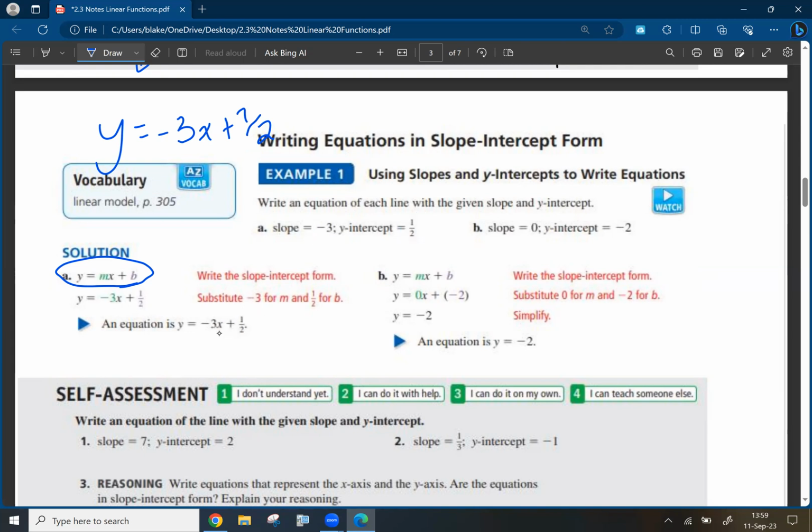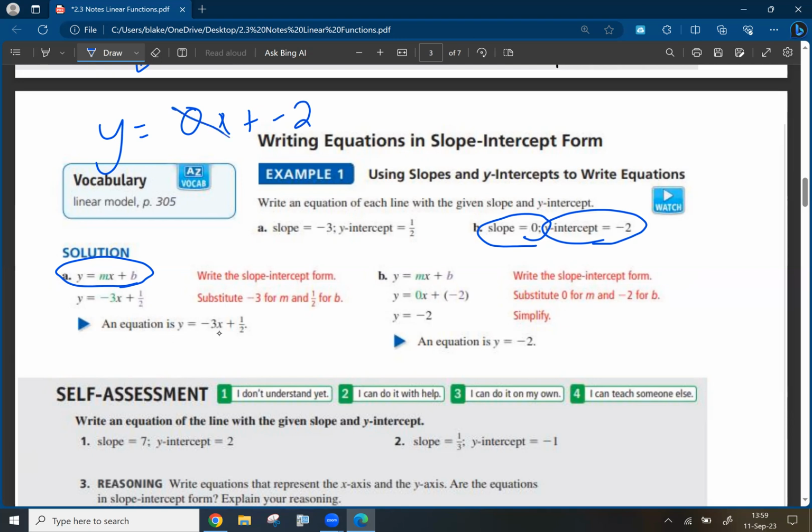And for part b, it's the same thing, y equals mx plus b. You can see the slope is 0, so I would put 0 for my slope for m, and my y-intercept is negative 2, so I'll put negative 2 as the b value. So I have 0x plus negative 2.